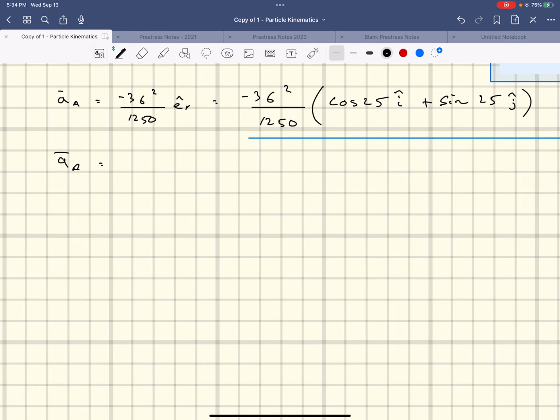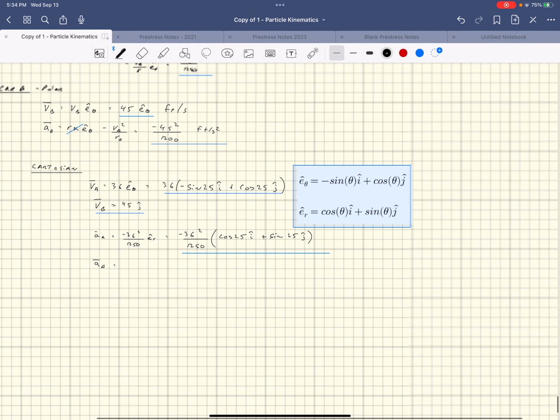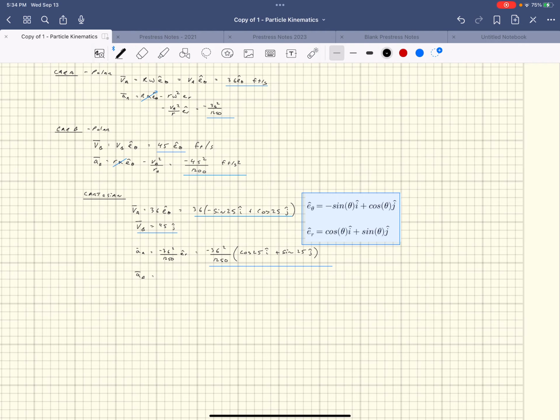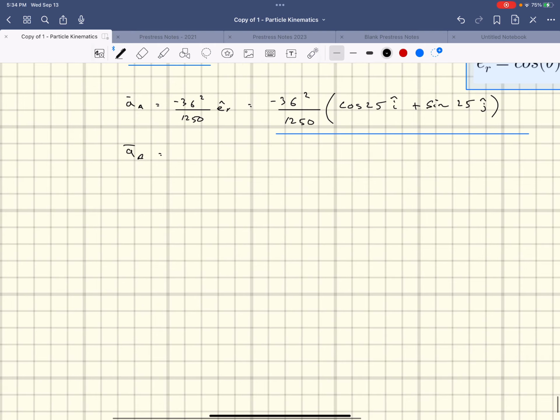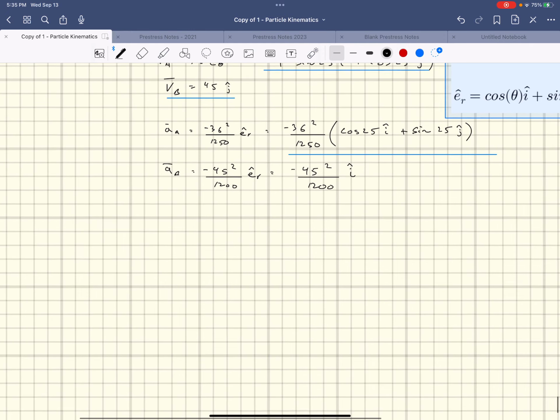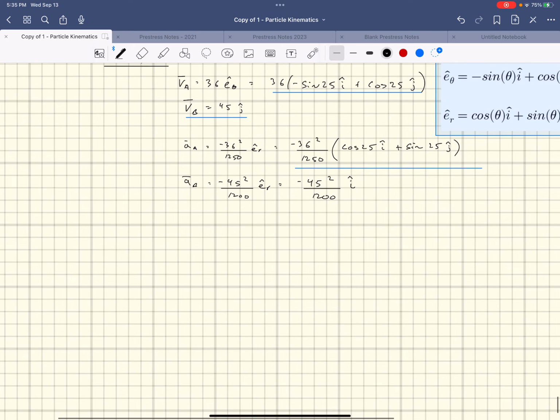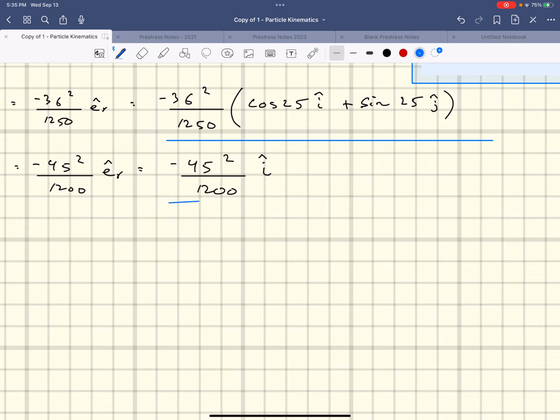So AB is going to be equal to negative 45 squared over 1200 in the ER direction, which is negative 45 squared all over 1200, all of that in the I direction.